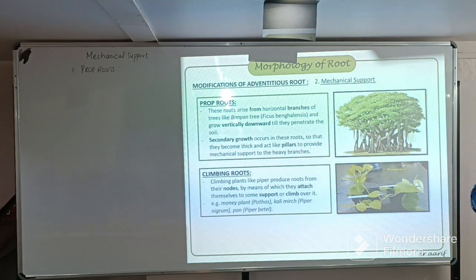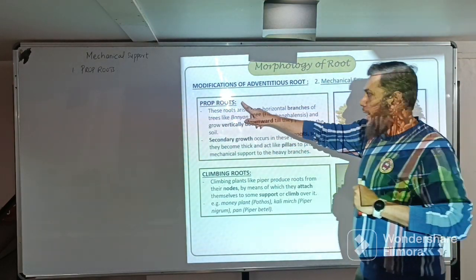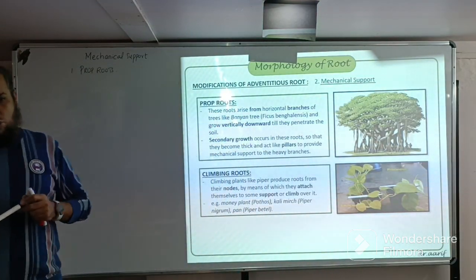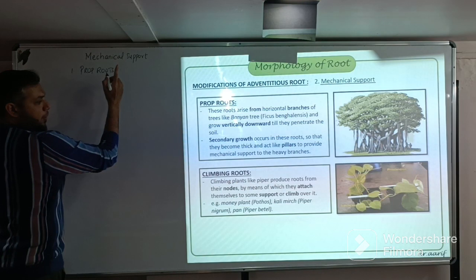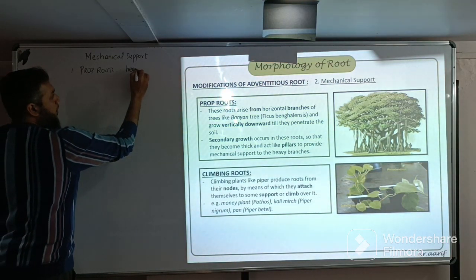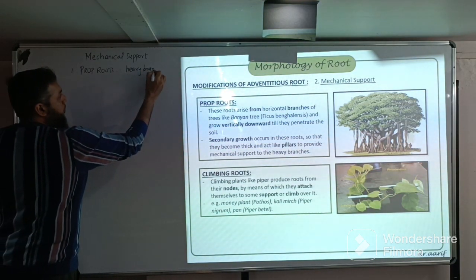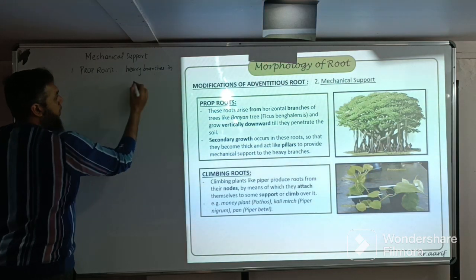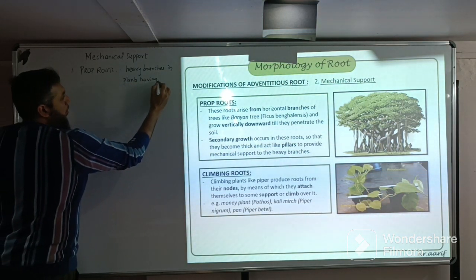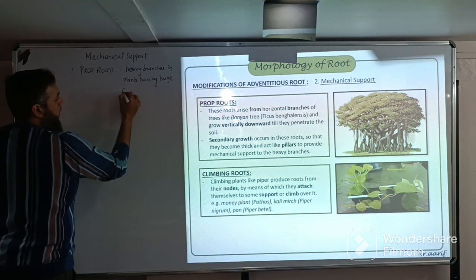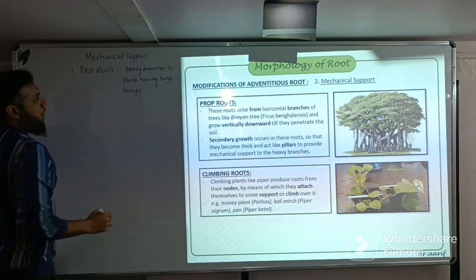Got my point? So these roots for mechanical support come under the heading of prop roots. So how will we say prop roots give support? To the heavy branches in plants having a huge canopy. Do you agree with me?